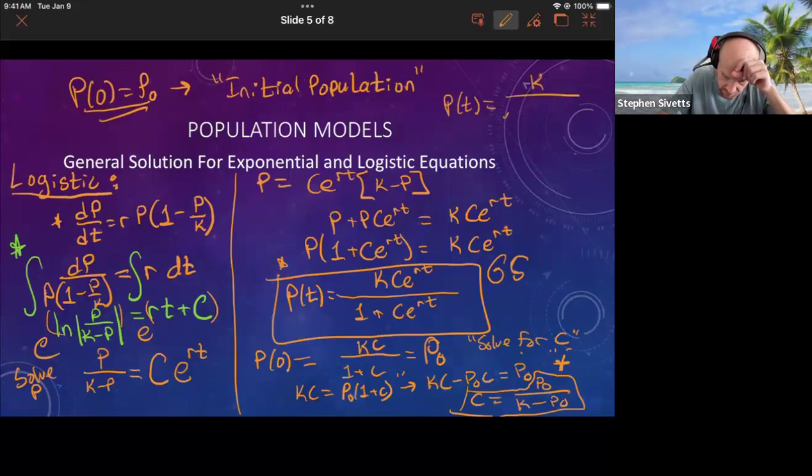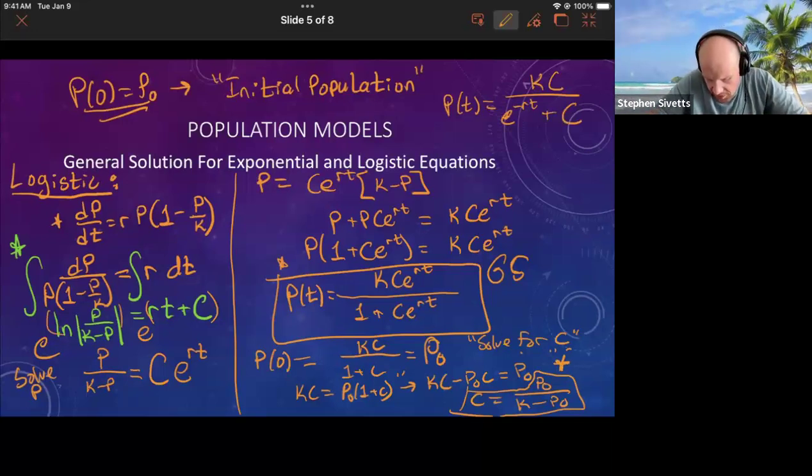So K times C over that is e raised to the minus RT plus C, right?